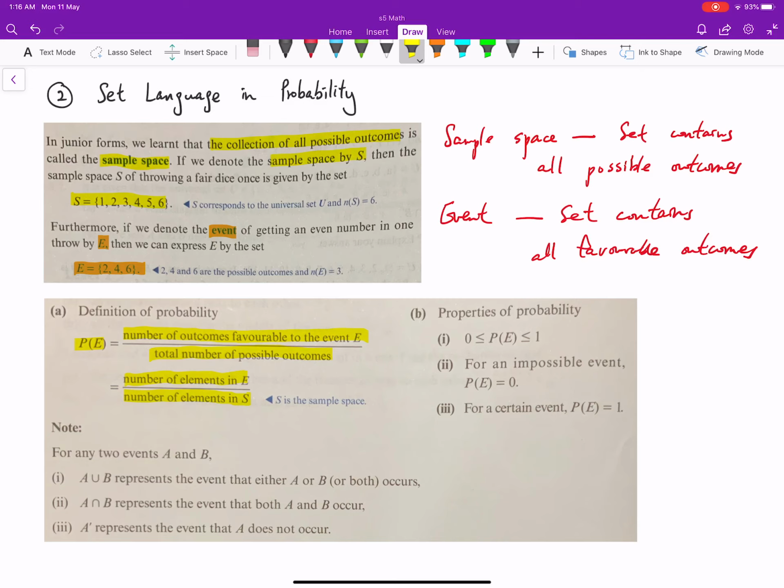So this probability must be between 0 and 1.